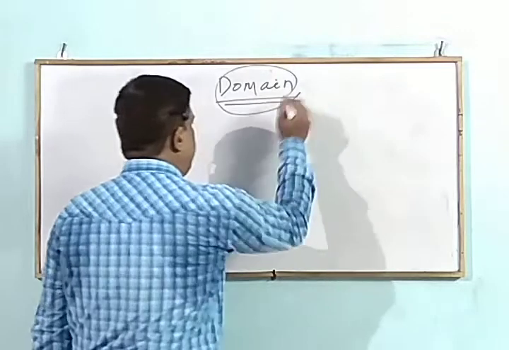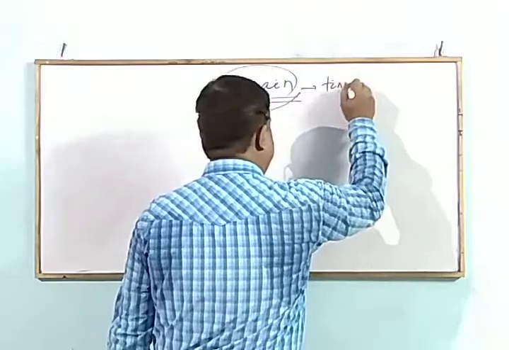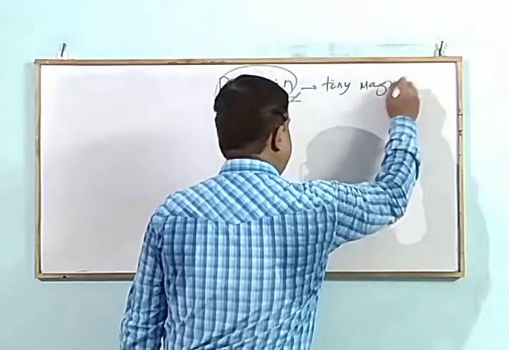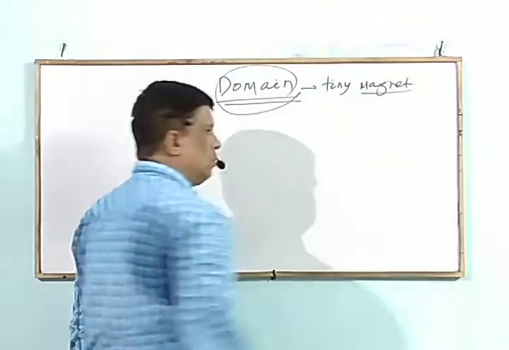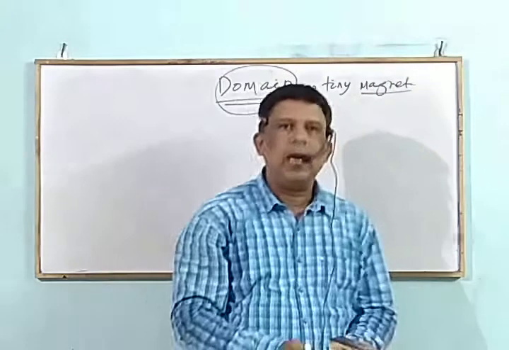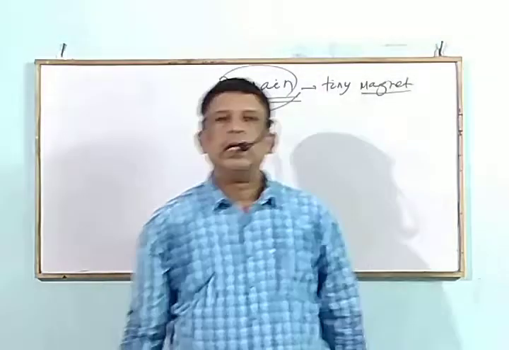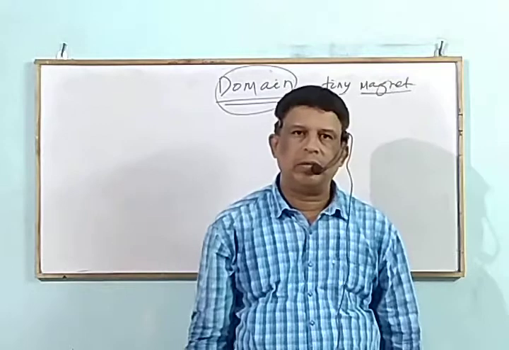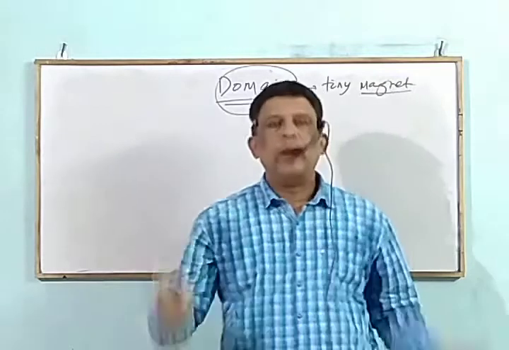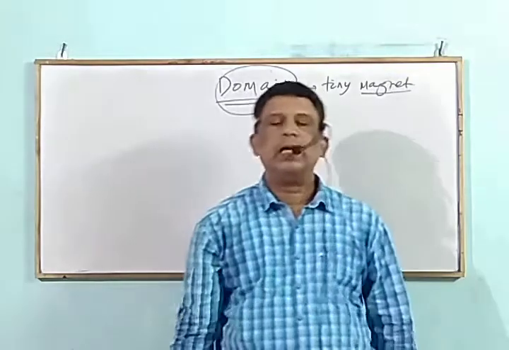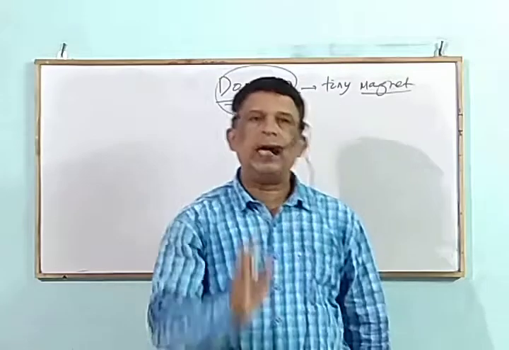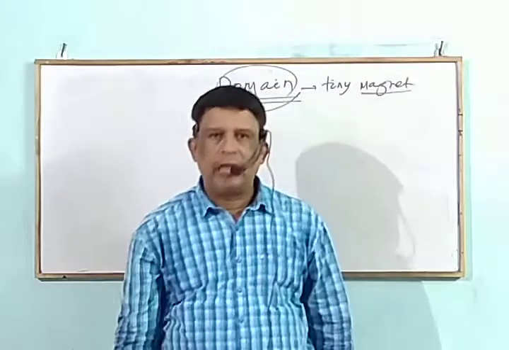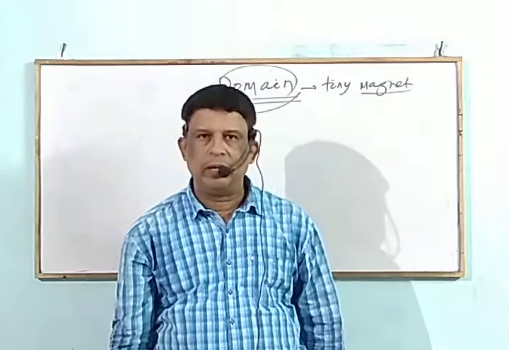Each domain behaves as a teeny magnet. That means when the magnetic field is not applied, then these domains arrange haphazardly among each other. But when the magnetic field is applied, then the domains are aligned in one direction, in the direction of the magnetic field. Mark that.